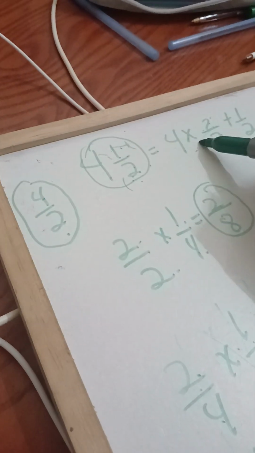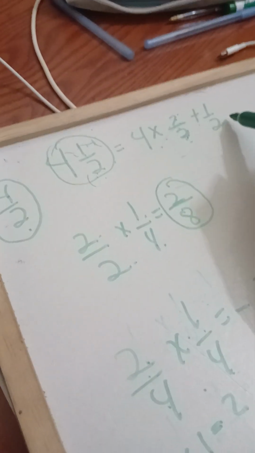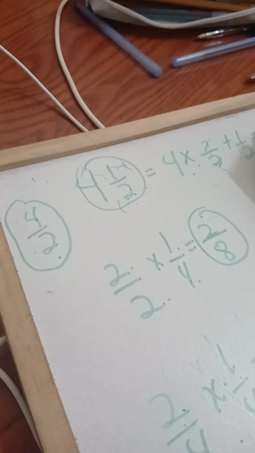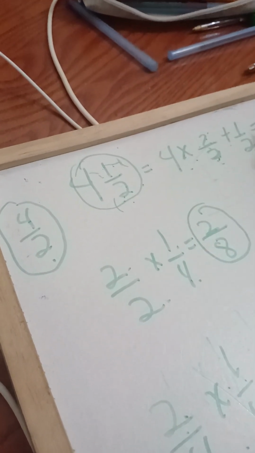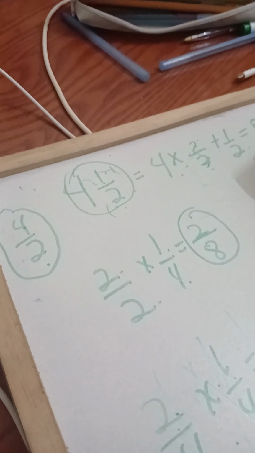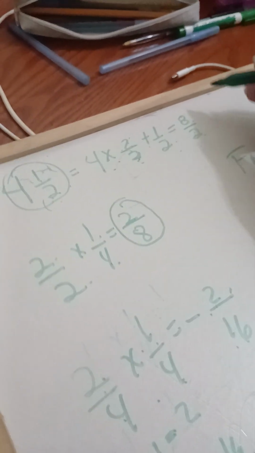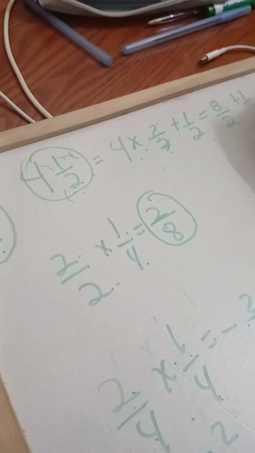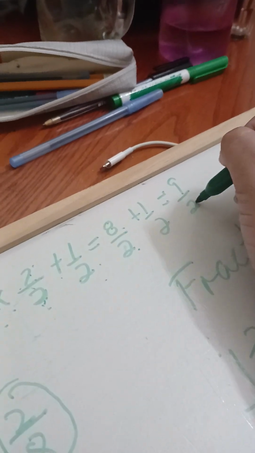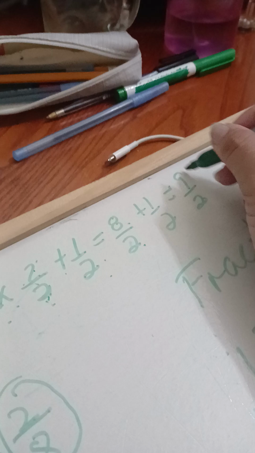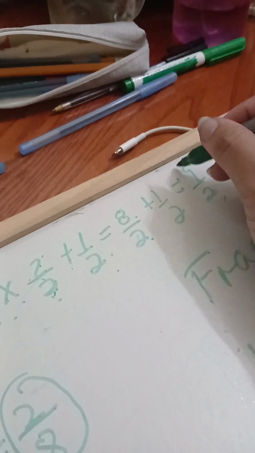So 4 multiplied by 2 plus 1, over 2. So we have 8 plus 1 over 2 equals 9/2. And you see, this is an improper fraction. So we cannot leave it just like that.